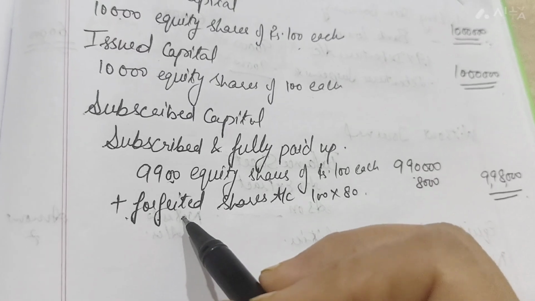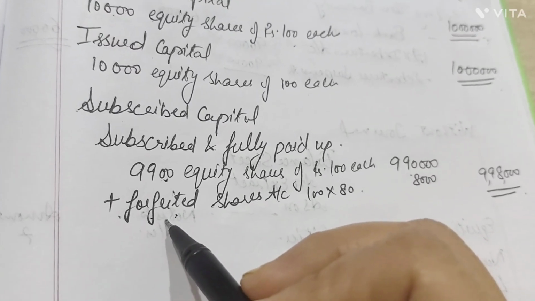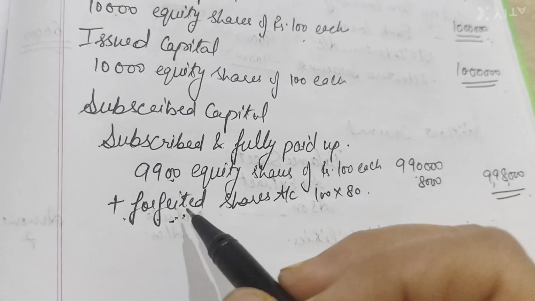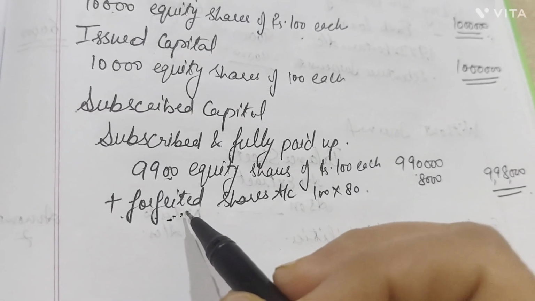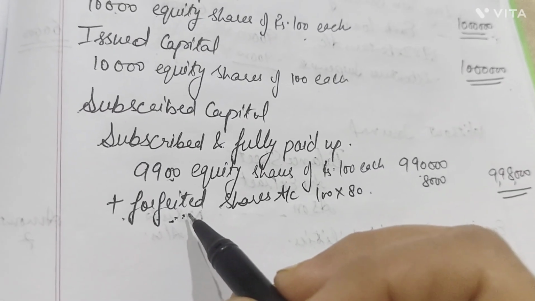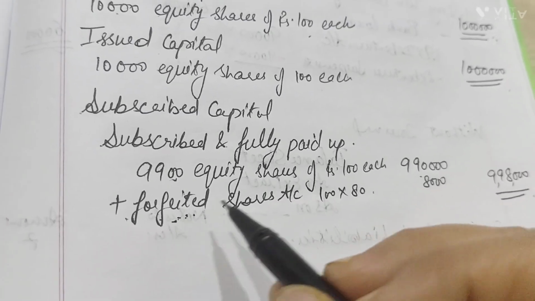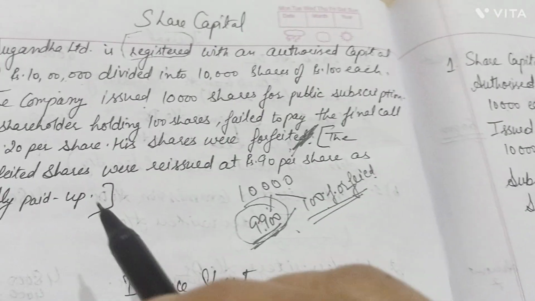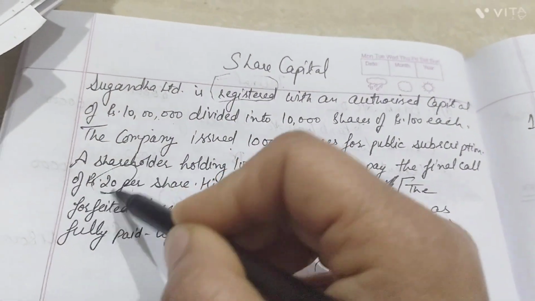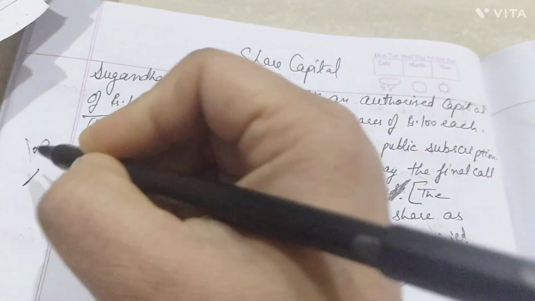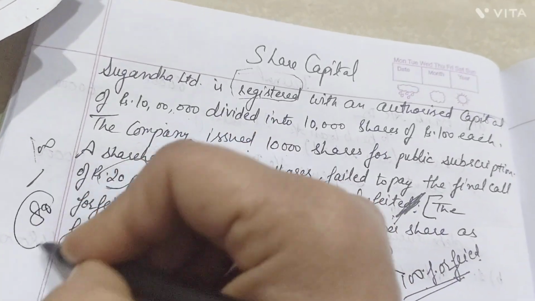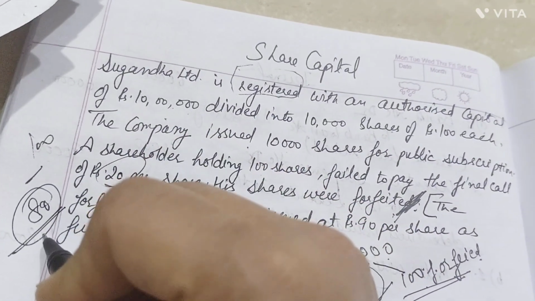Now what are forfeited shares? Shares on which calls were not paid by the public. We have taken back our shares and we have not refunded what they have paid. It's like on 100 shares, out of 100 rupees, 20 was not paid by them. Then how much was received by the company here? 80 rupees.